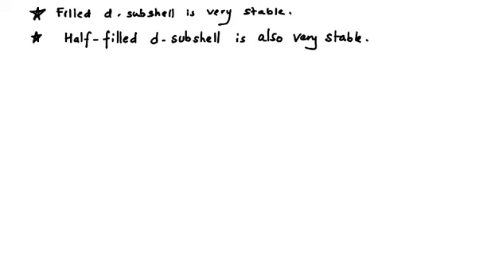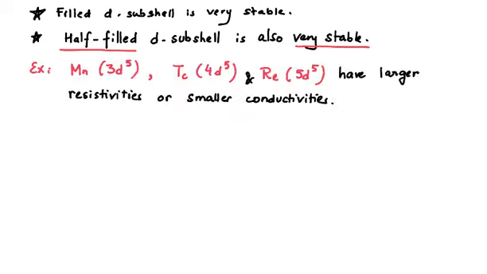So we have seen that a filled d subshell is very stable, but there's another thing: even a half-filled d subshell is also very stable, and an example is manganese with the 3d5 configuration.